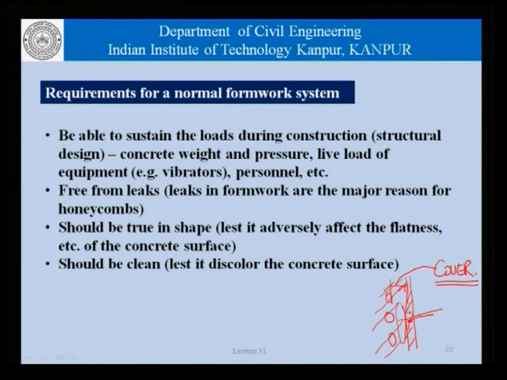Formwork is not likely to affect the properties of main body concrete, but it has a direct bearing on the properties of cover concrete, and the properties of cover concrete are a very important issue when we are talking in terms of durability of concrete structures.